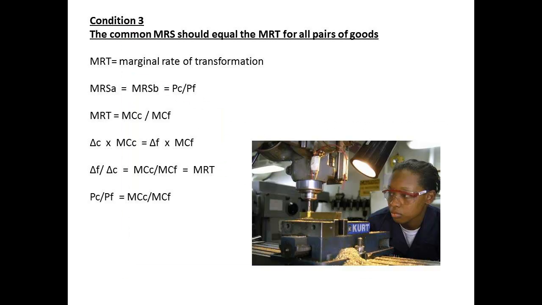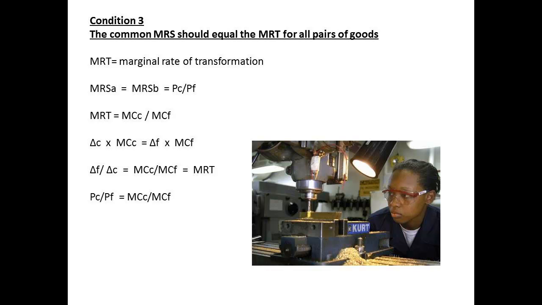The marginal rate of transformation is the slope of the production possibility frontier. MRT is equal to MC for cloth divided by MC for food. The marginal rate of transformation is equal to the marginal cost of cloth divided by the marginal cost of food.